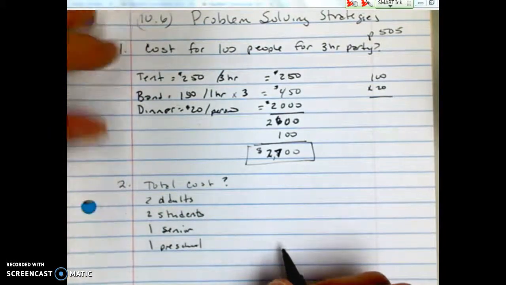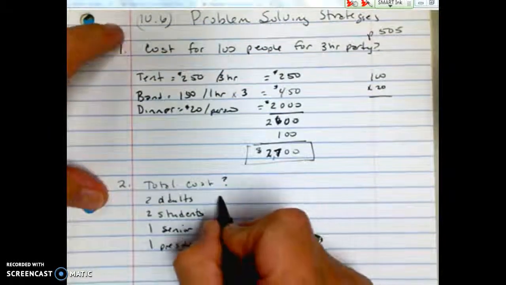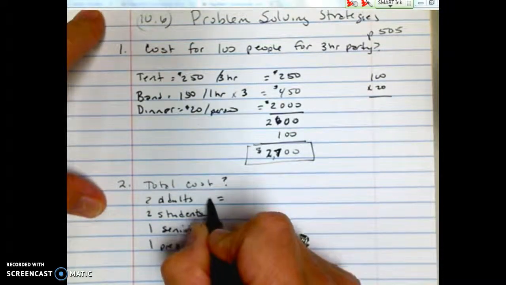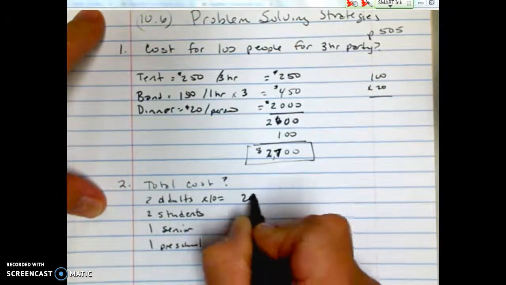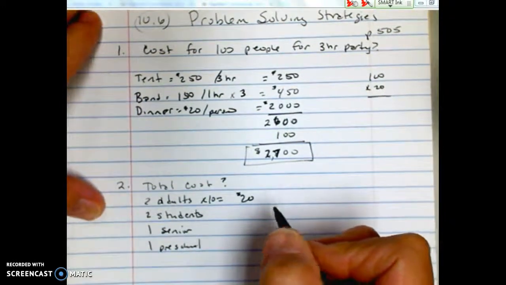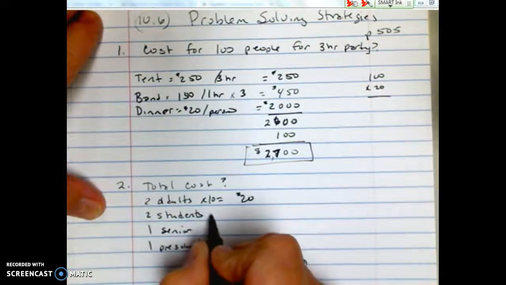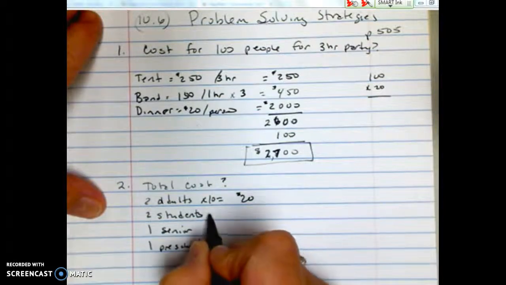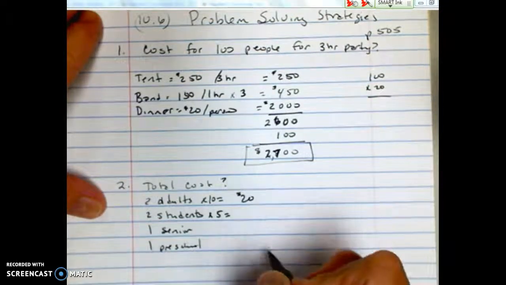We find out that our adult tickets are, if we take a look at our table, the adult tickets are $10. So it's 2 times 10, which is equal to $20. That's for our adults. And then we have 2 students, and the cost of the students, if we look at our table, it's times $5.